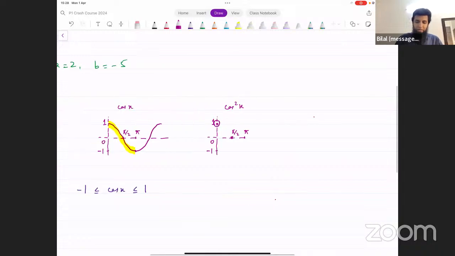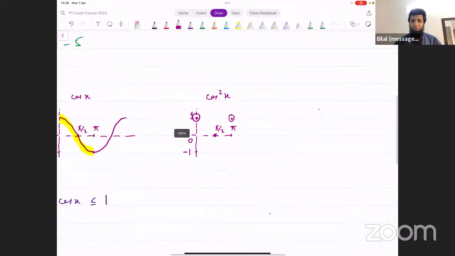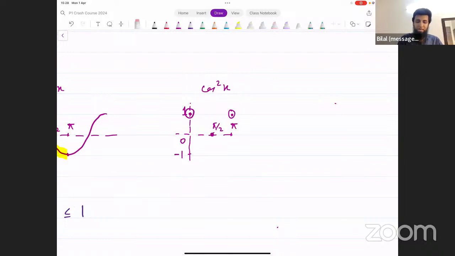However, when cos of x is -1, what about cos square x? -1 squared, that's going to become 1. So at pi, the cos square function is going to have this value, 1. So the cos square graph is actually going to look like this instead.